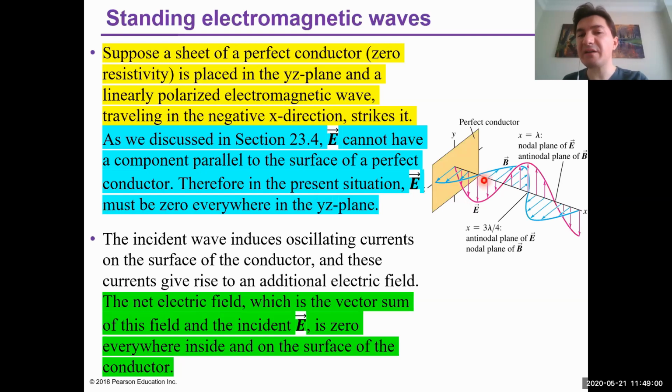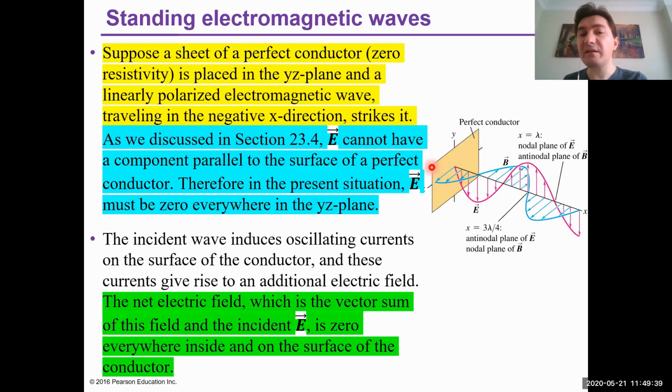We have an electromagnetic wave and it has an electric field component parallel to the conductor. Then due to that oscillating electric field, we have charged particles on the conductor and we produce currents. These currents on the conductor produce an additional electric field, okay? So here we have one electric field due to the incident wave, and we have another electric field produced by the currents on the conductor.